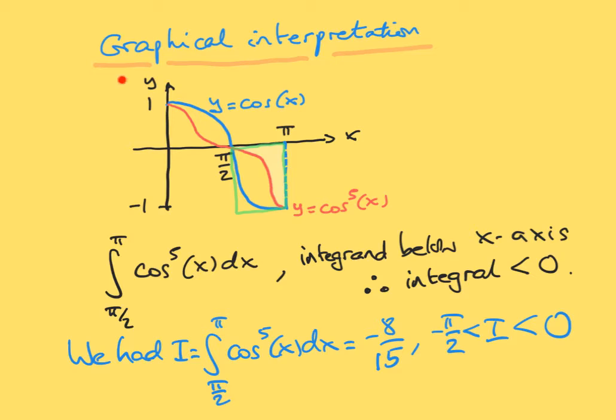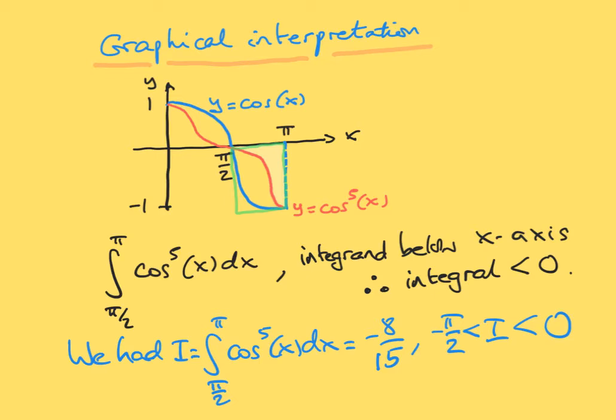So what I've drawn here is the function y is cos of x, and then our integrand is cos to the 5th of x. So I've just tried to draw what cos to the 5th of x looks like roughly. The cosine is between plus and minus 1, and therefore when you raise it to a larger power, its modulus is going to become smaller than that of the cosine.